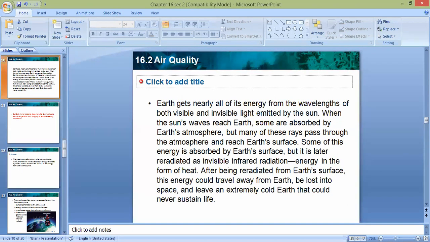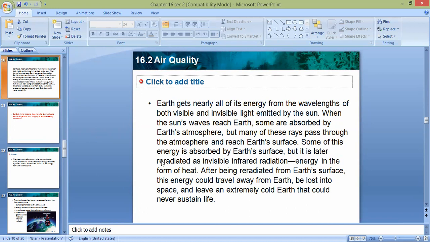Okay, so Earth gets nearly all of its energy from the wavelengths of both visible and invisible light, which, again, is emitted by the sun. When the sun's wavelengths reach Earth, some are absorbed by Earth's atmosphere, but many of these rays pass through the atmosphere and reach the Earth's surface.